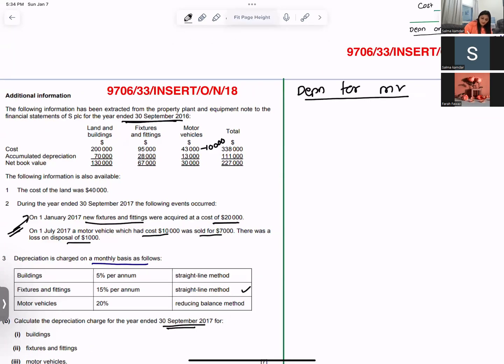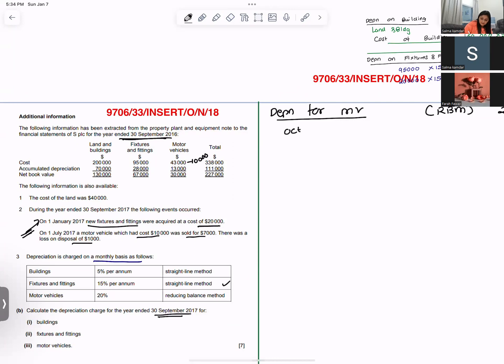That means from October to July, you are using all of these motor vehicles. So from October to July, you can calculate depreciation on the existing motor vehicles. October, November, December, Jan, Feb, March, April, May, June, July, 10 months. So 30,000 is the reduced value.